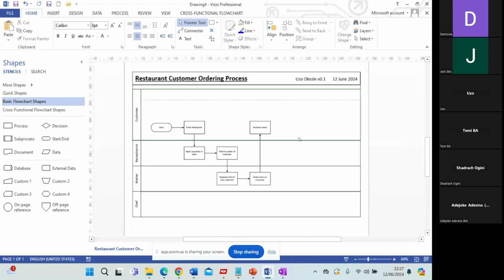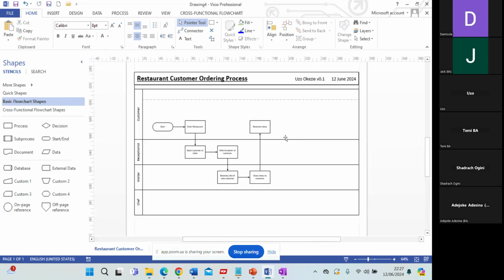So remember, someone asked when they were asking if you want this, if you want that, and I said, no, let's just keep it high level. Let's add a decision. What's a question the waiter can ask at this point that the customer can either say yes or no to?